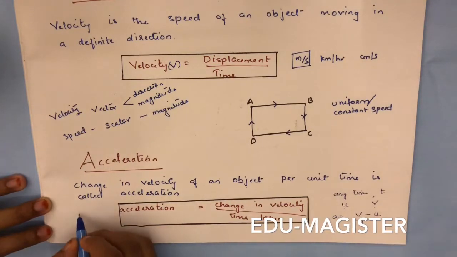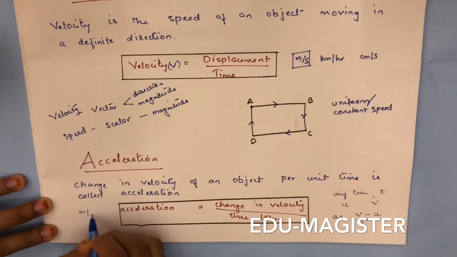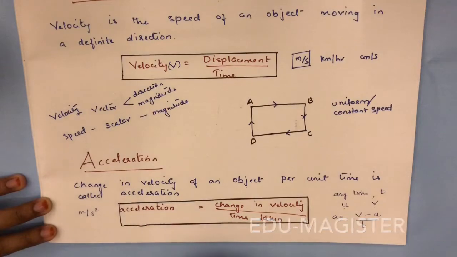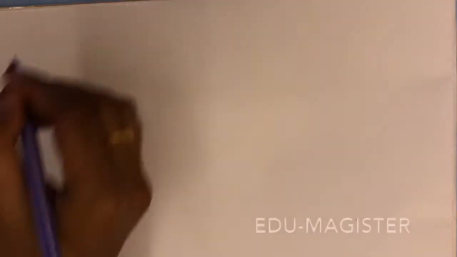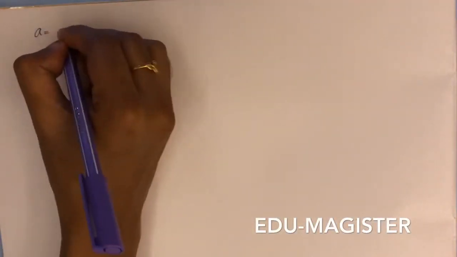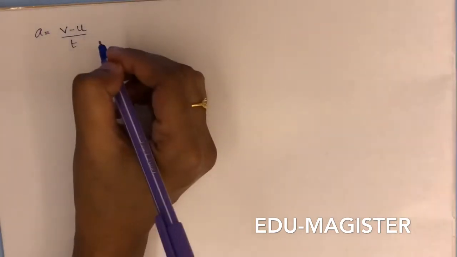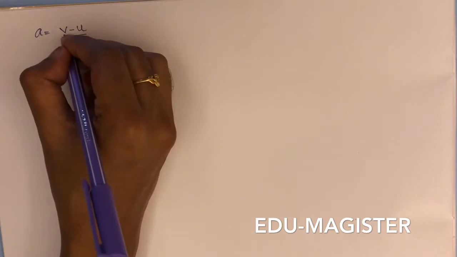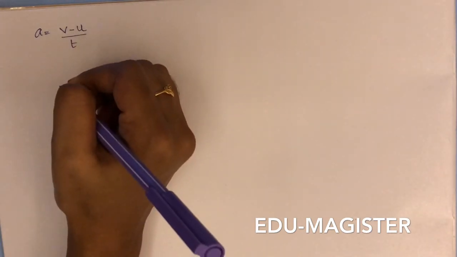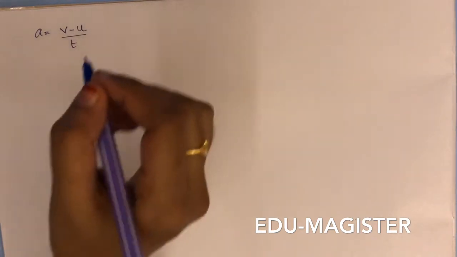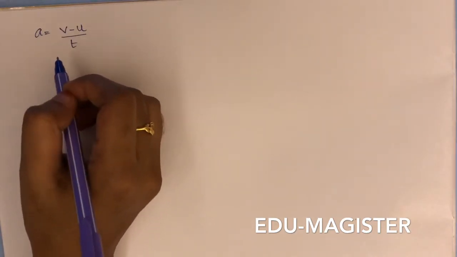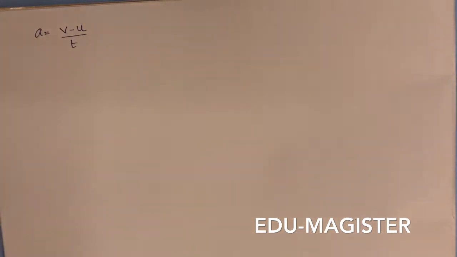The unit for acceleration is meter per second square. So now we know that acceleration is equal to v minus u by t. Whenever there is a velocity change, there will be an acceleration. This is what we have studied so far.